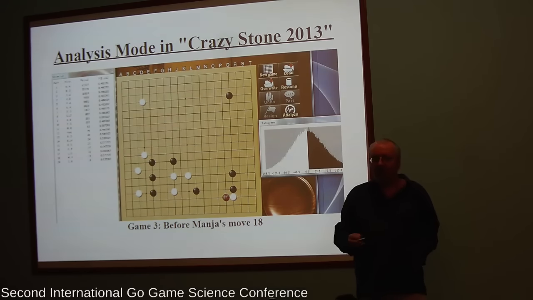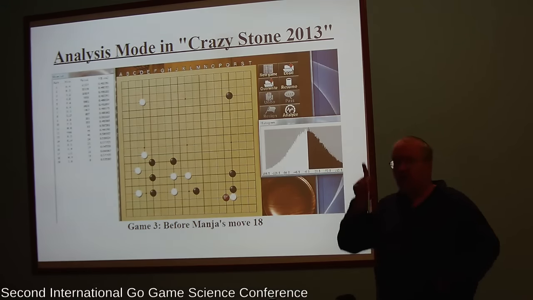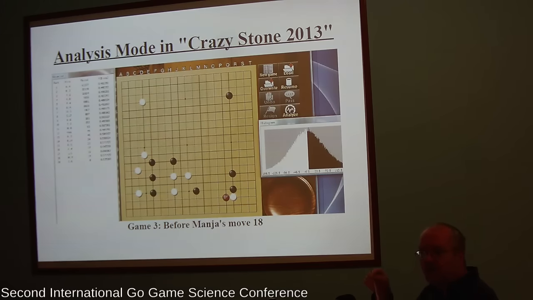The program also shows how the result of the playouts are distributed. Not in win-loss, but in the margin of points. White means white has won those games. Black means black has won. You see this is a normal curve, Gauss curve, almost normal, but you will see other examples later.